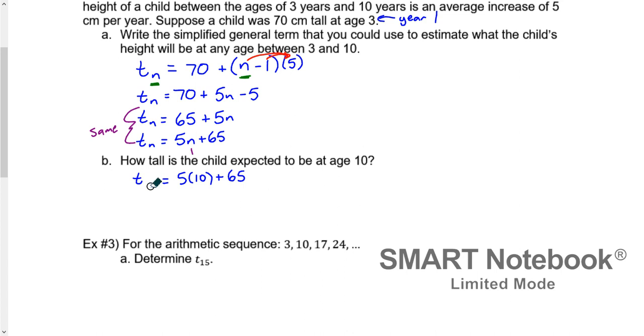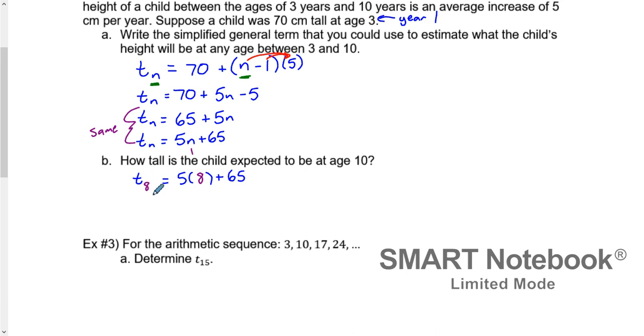So I'm just going to change one little thing here. Term 8 is what we're looking for. This is what you can write.